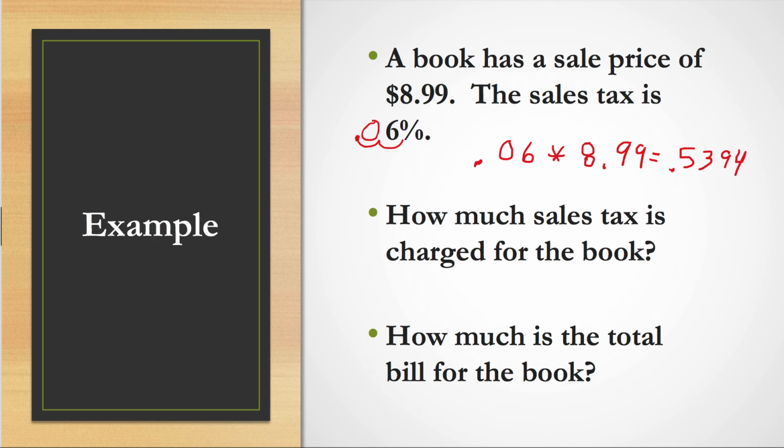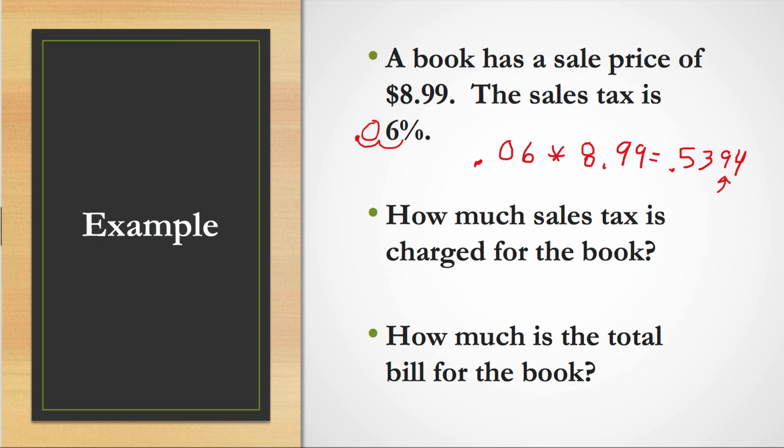Now remember that this is the tax. Normally our tax is rounded to 2 decimal places because we're talking about dollars and cents, so 2 decimal places makes sense. We look at our 3rd decimal place, and if that number is 5 or more, we bump the 2nd value up.